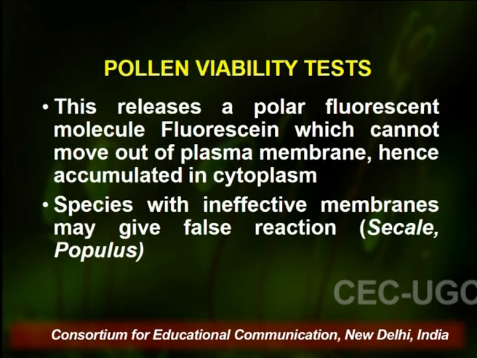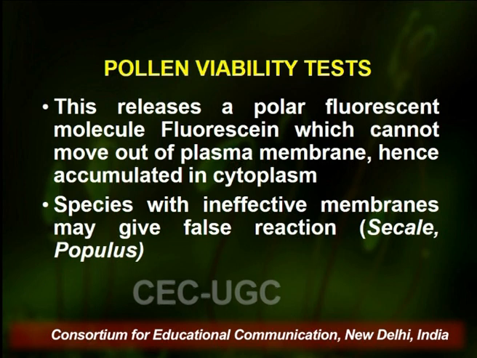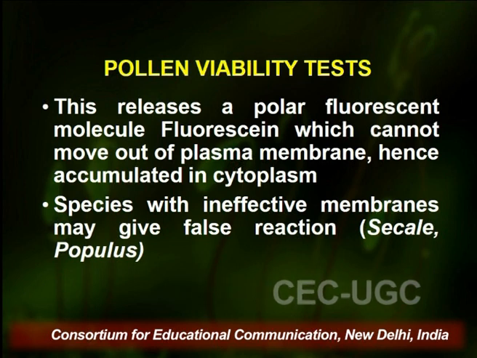This releases a polar fluorescent molecule, fluorescein, and this fluorescein cannot move out of the plasma membrane, hence it gets accumulated in the cytoplasm. Species with ineffective membranes may give false reactions, right.